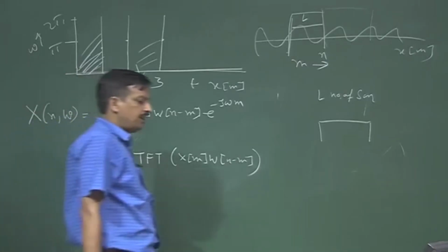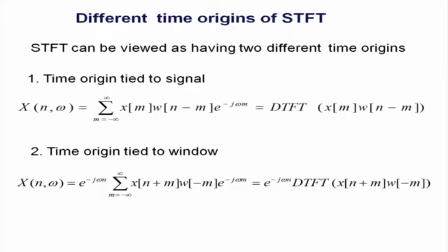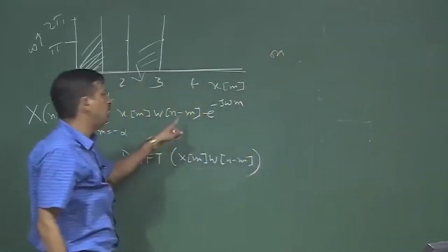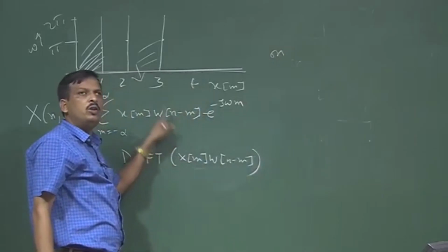I have already explained this slide, but let us explain it also. If you see, there is a time origin, which is m, and it is either with the window or with the signal.